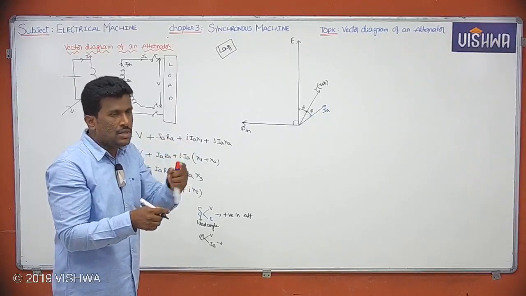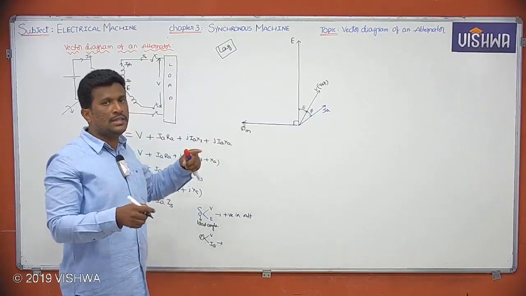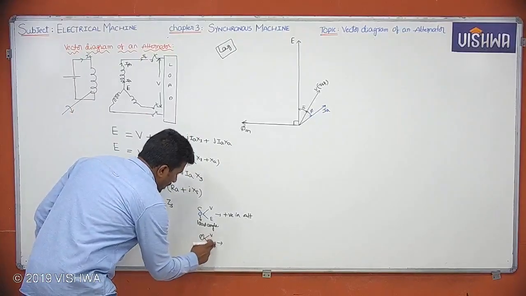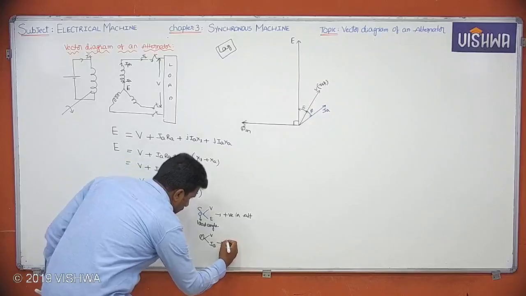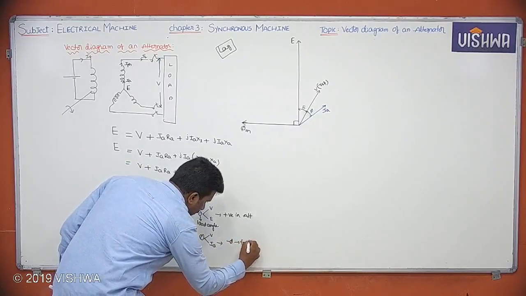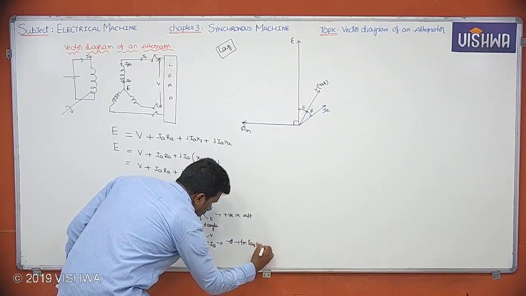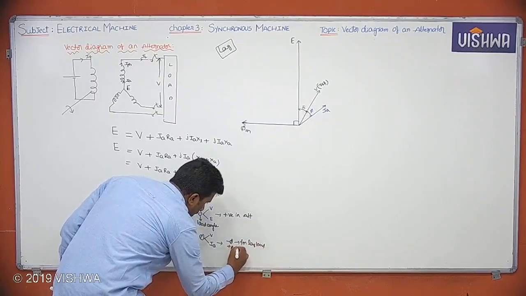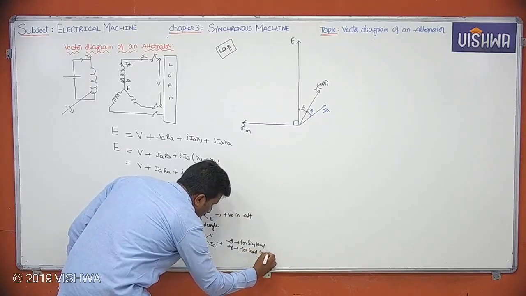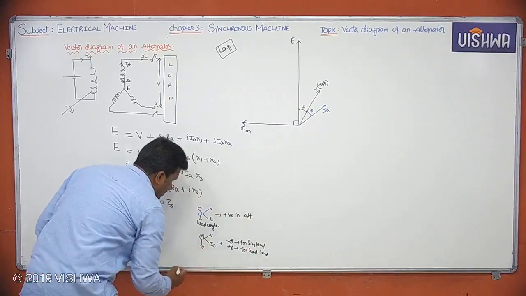For lead loads, IA leads V, so at that time we should take plus phi. So I can write here: phi is the angle between V and IA, which is equal to minus phi for lag loads, plus phi for lead loads.